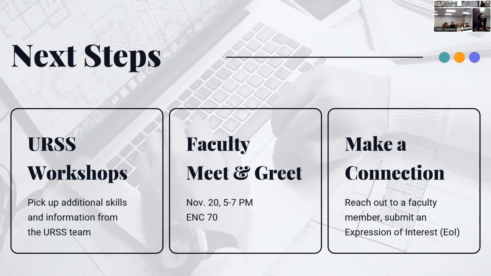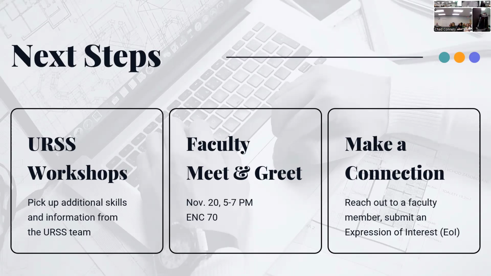Those would be very helpful because the URSS team recognizes that as students who are new to research, you might have some anxieties or skills that you think you might be lacking. These workshops are really helpful for getting you prepared for those conversations and what you need to do for research. I know some of you signed up for the Ready for Research workshop at the beginning of this semester, so hopefully that was also helpful to introduce you to what research could look like.